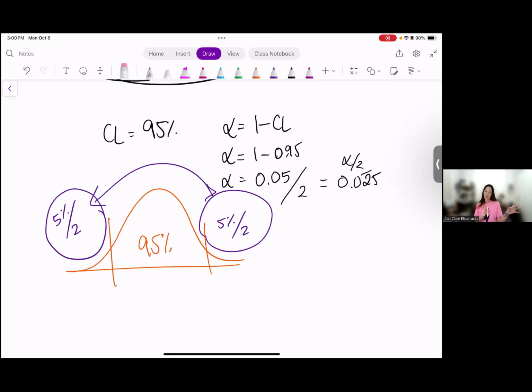So I have 0.025 area on the left and 0.025 area on the right. And I need to know what is that t-value that splits the area. So we use StatKey or a chart to help us determine, based on the sample size and the confidence level that I want, my t-score. So we're going to be doing that in examples in the next video.